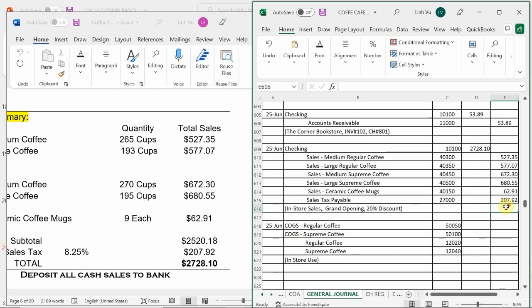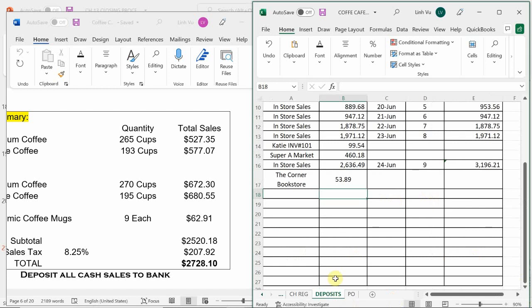So now, first thing I'm going to do is deposit that money into the bank. Go to your deposits. We have another in-store sales. We earned $2,728.10.